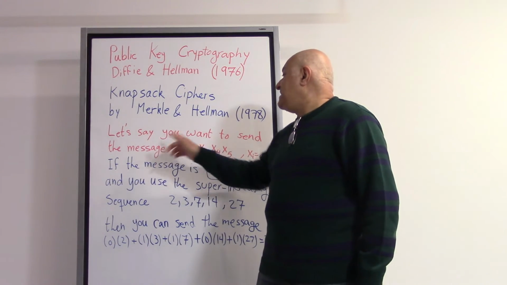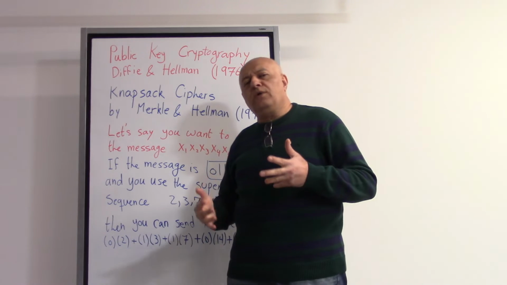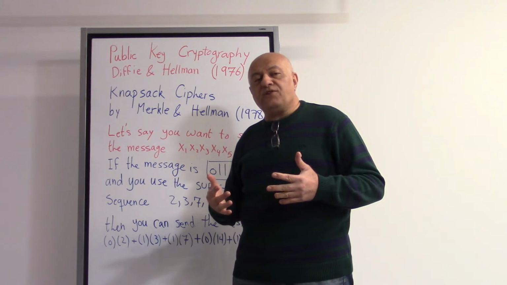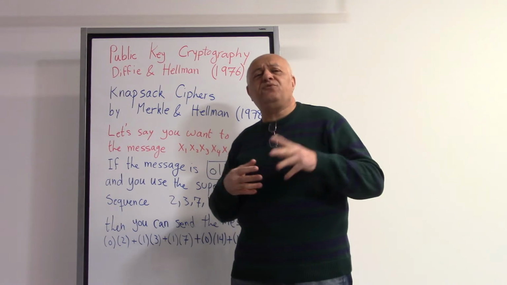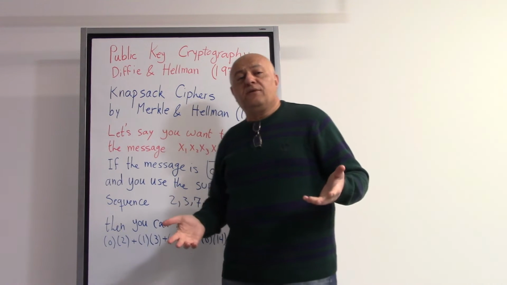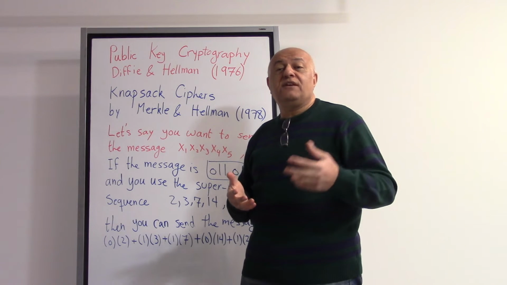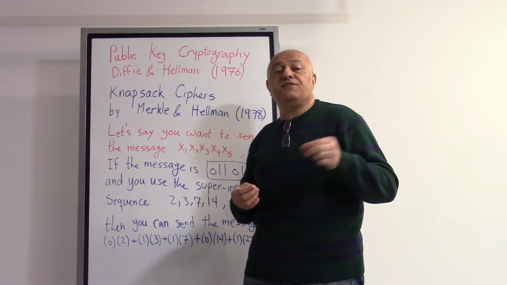Let's say you want to send a message. Whenever you have a message, you can always change it to a sequence of zeros and ones. For example, in modern computers, everything is in the form of a bunch of zeros and ones.